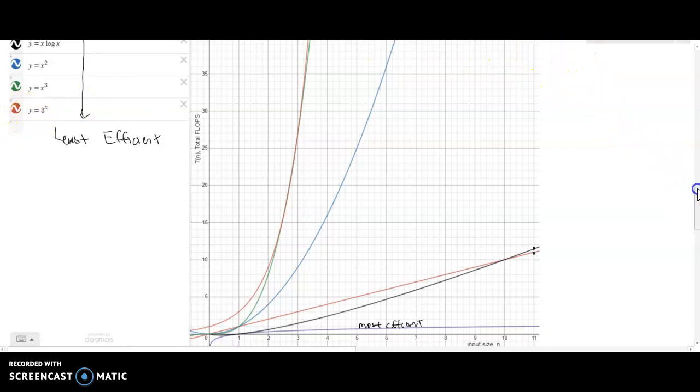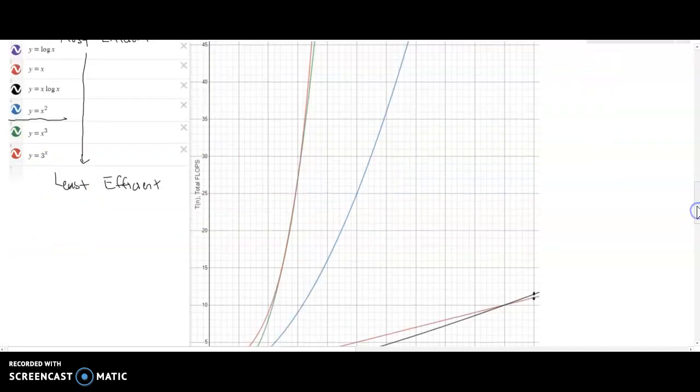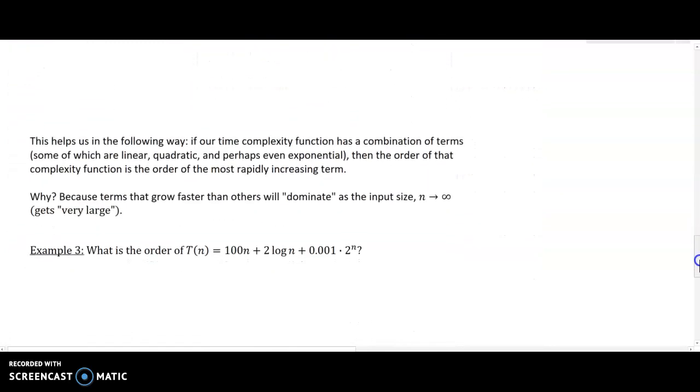You would prefer to have something that stops right about here if possible. Quadratic order still behaves pretty nicely, but then when you get into cubic, things blow up very rapidly, and by the time you get to exponential, those are some messy functions, and they do take some time for your computer to run them.